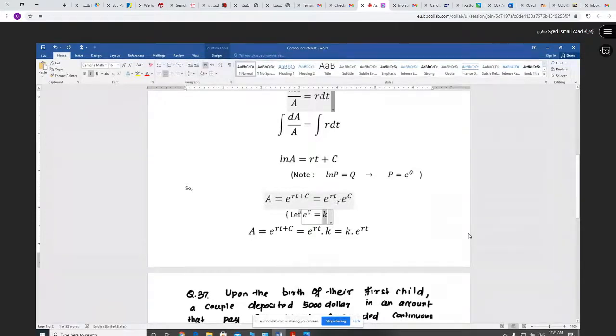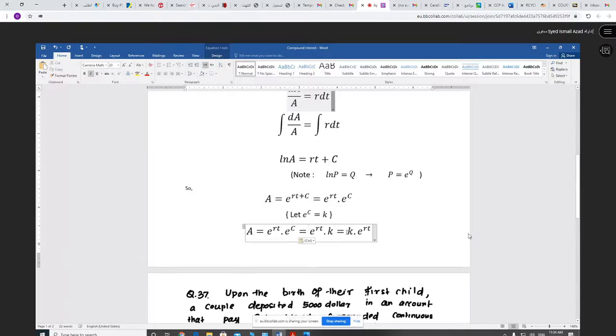So the same equation will become e power RT times K. K I will write down first here.